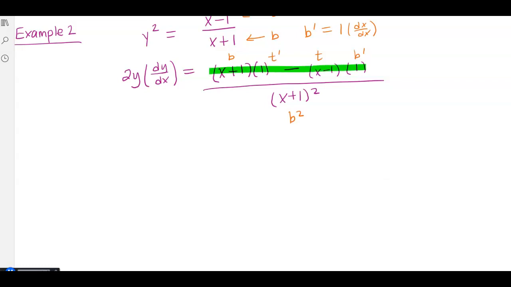Looking at this whole numerator, the x's are going to cancel, and then I'm going to have a 1 plus 1. So that's going to combine to be 2 over x plus 1, the quantity squared.